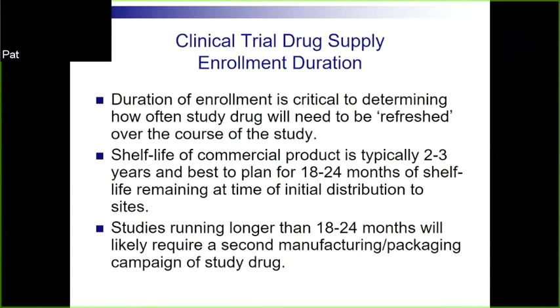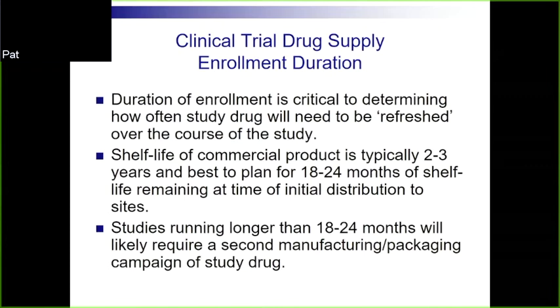So if it's an overall 3 or 4 year study, and we are pretty confident that the material coming out of the manufacturing and packaging process is going to be good for 18 to 24 months, we're going to need to refresh that study drug over the duration of the study, because those original kits are going to become unusable a year or two into the study. So we're going to need to have fresh kits available so that the study can continue to run smoothly.